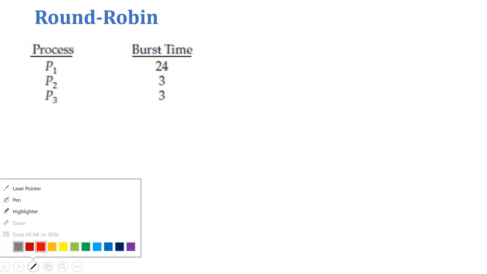For this example, I am taking the time quantum, or time slice, as 4 milliseconds. Now I'll start with the working of the Gantt chart.